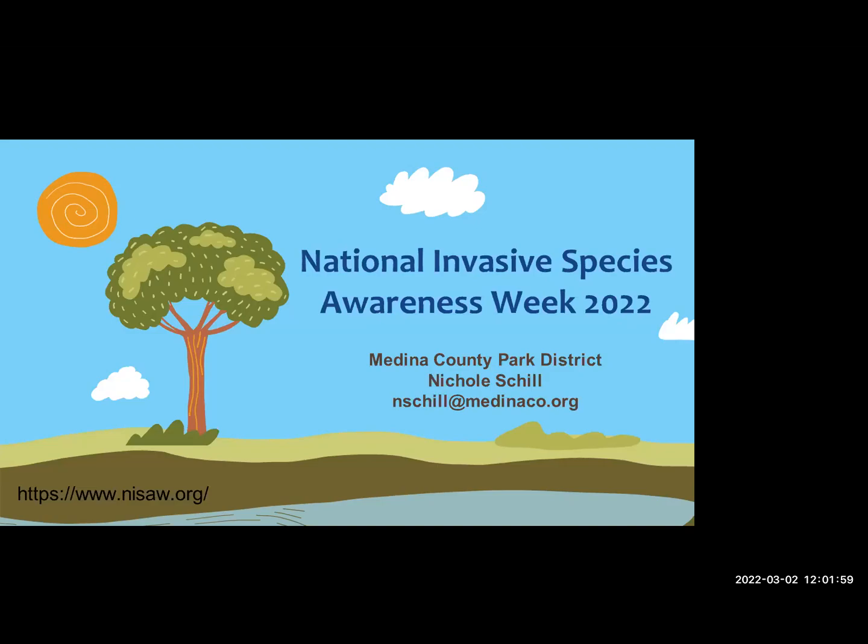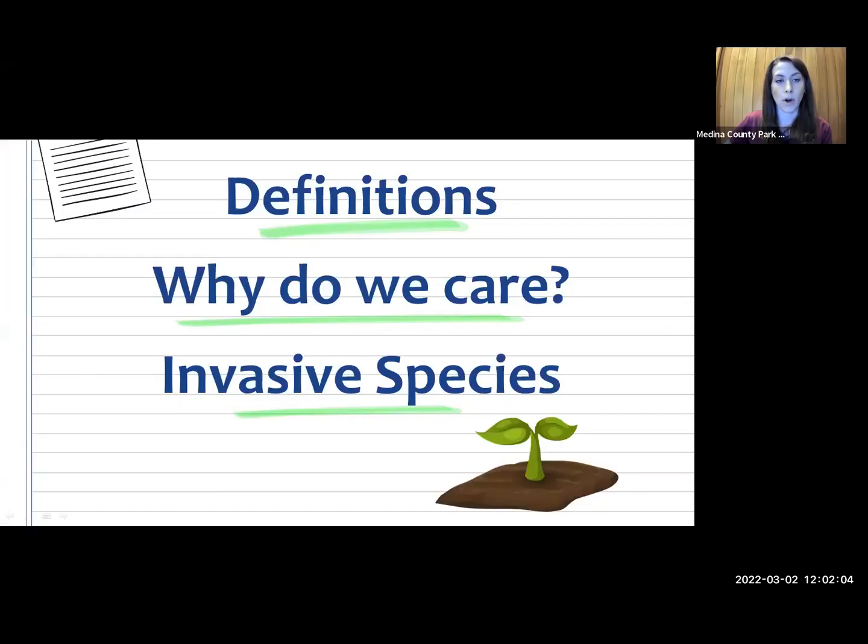So our presentation today will be in 3 parts. The beginning will be very approachable for anyone. So if you are not familiar with invasive species, we're going to go over some definitions first. Then we'll talk a little bit about why we care. And then at the end, I'm going to very briefly go over some different invasive species.